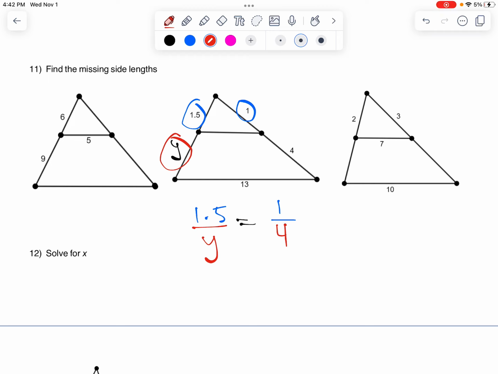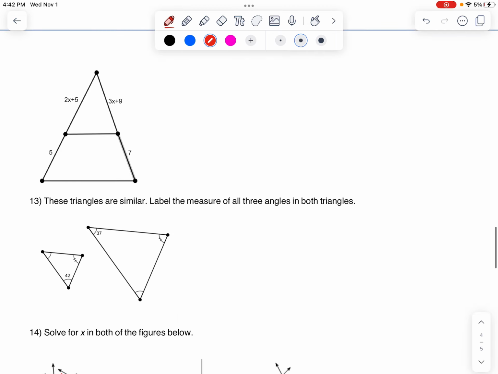Okay, so top divided by bottom on the left equals top divided by bottom on the right. And we cross multiply and we get y is equal to 6. Okay, always on these ones, you should take a second and just make sure it makes sense and it's reasonable and all that good stuff. Okay, let's do this one right here.